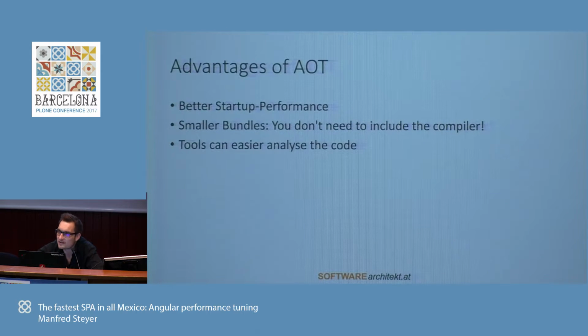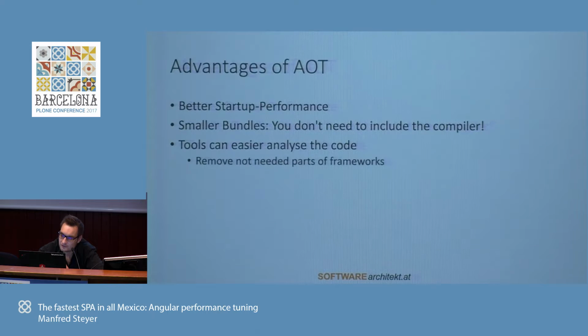And another thing that isn't that obvious is that tools can more easily analyze the whole code, because the whole code just consists of JavaScript, and JavaScript code can very easily be analyzed compared to the analysis of HTML code.